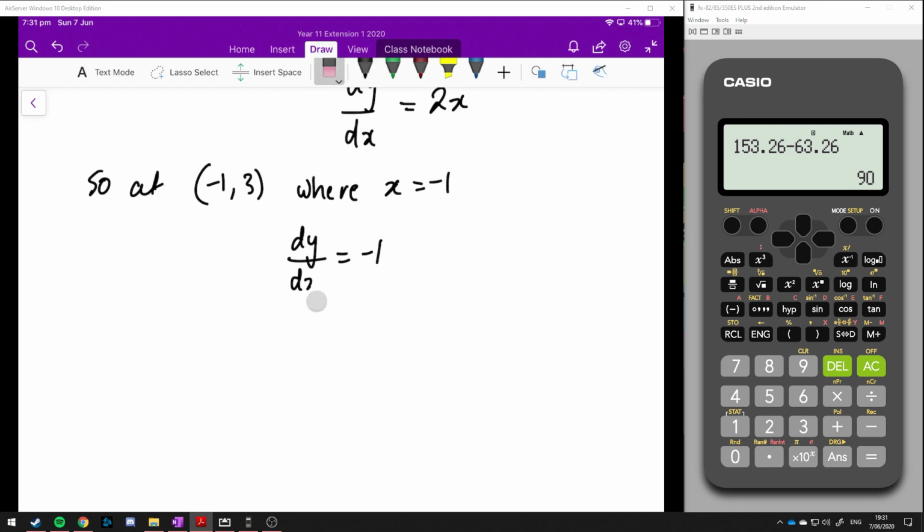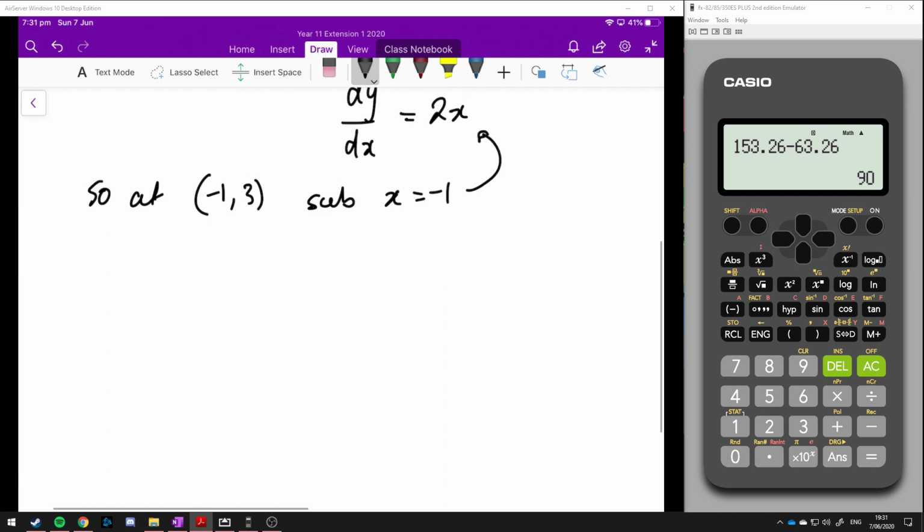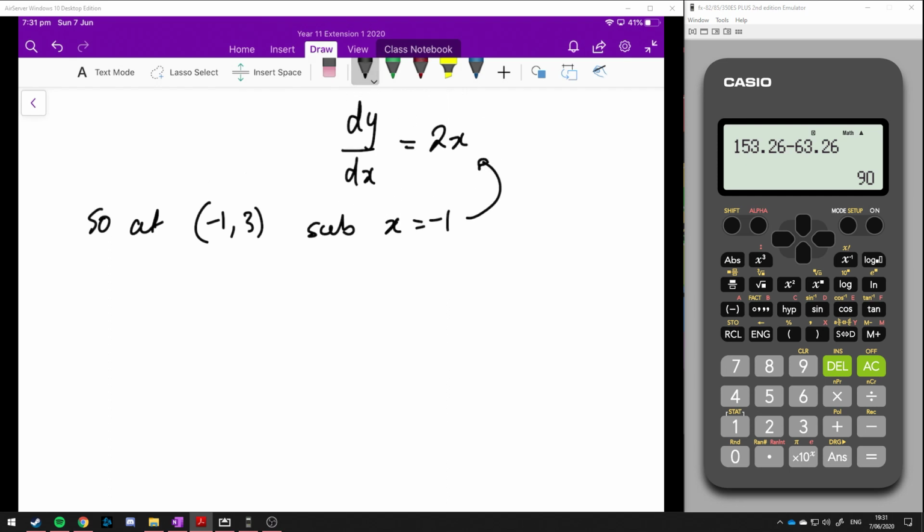What we're going to do is substitute x is equal to negative 1 into this equation up here to get the derivative, or the gradient, at that point. So dy/dx is equal to 2x, so dy/dx is equal to 2 lots of negative 1, which is equal to negative 2.